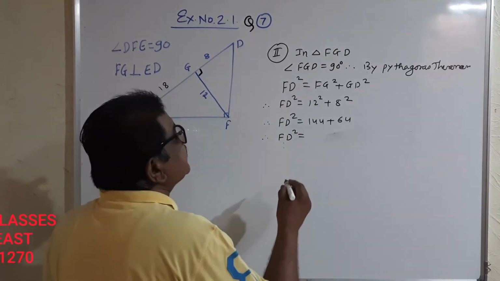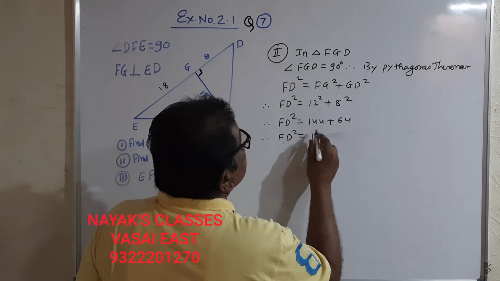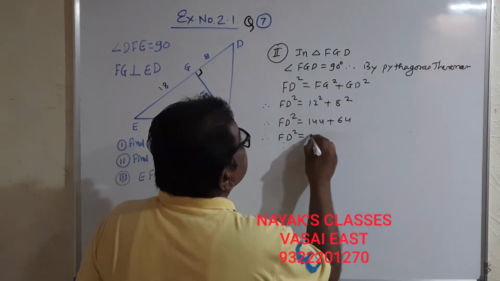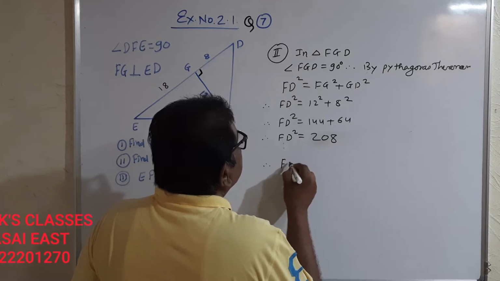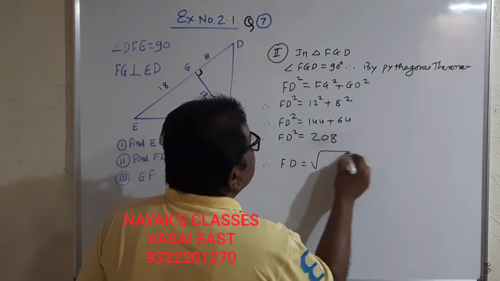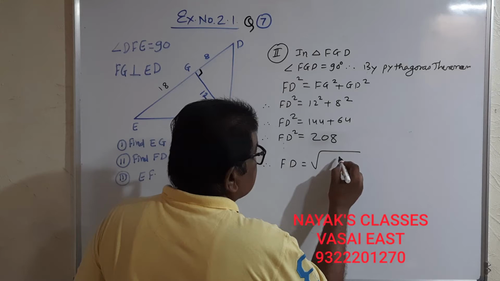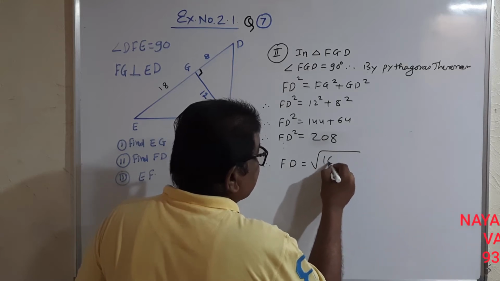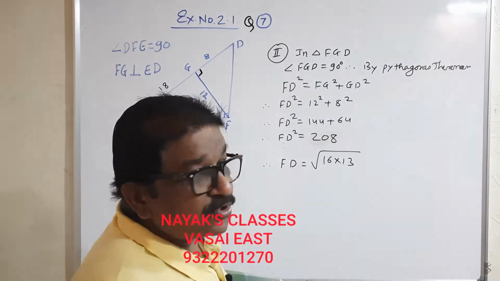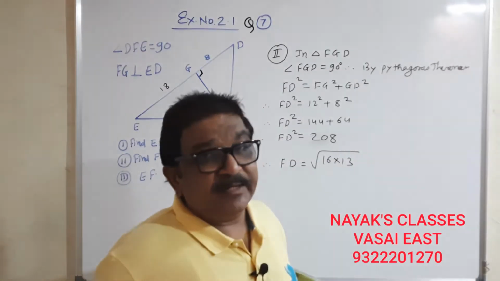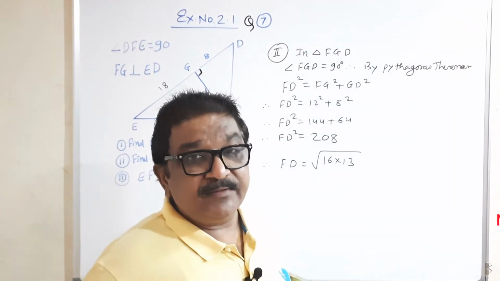Adding 144 and 64, we got 208. Therefore, taking square root, FD is equal to under root 16 into 13.